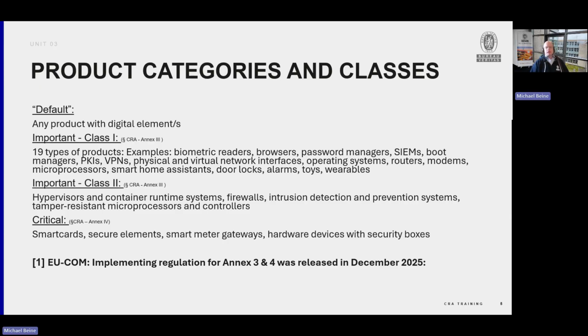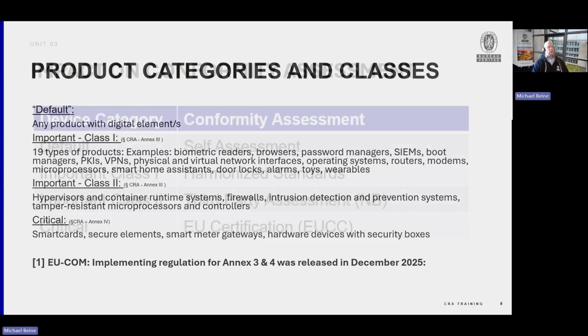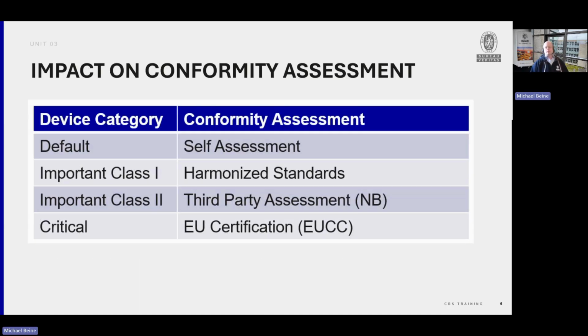And to really find out what is the correct category for the product, there is an EU implementation regulation explaining this in further detail. This is quite important because the classification determines the conformity assessment procedure.